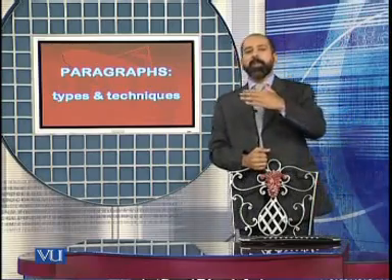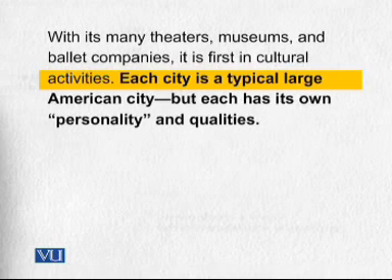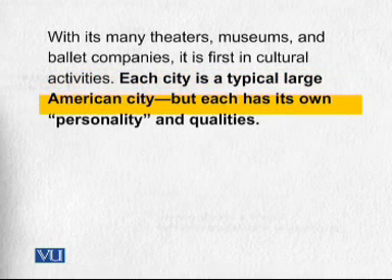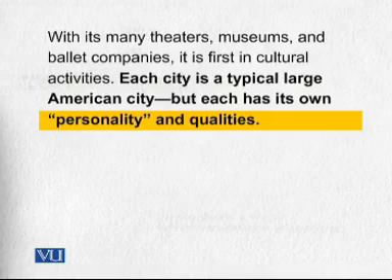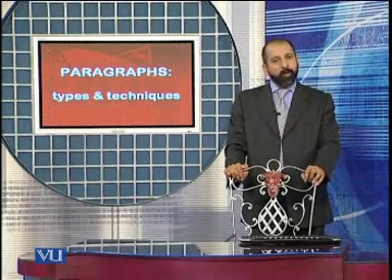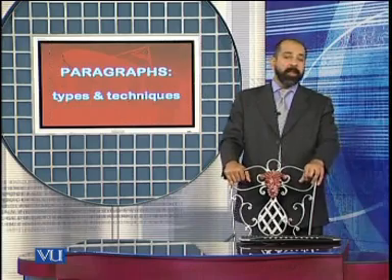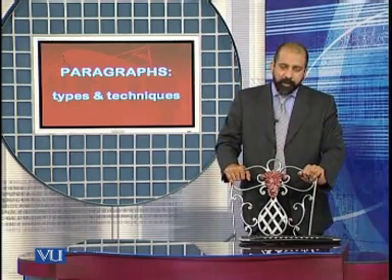And now comes the concluding sentence to let it be called a paragraph. And it goes, each city is a typical large American city, but each has its own personality and qualities. This is what we call order of importance. In order of importance, we express our ideas in a particular order.